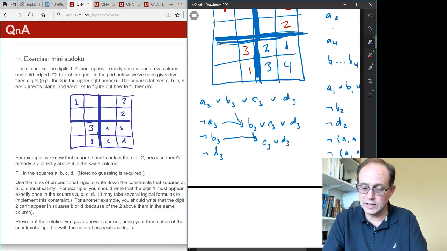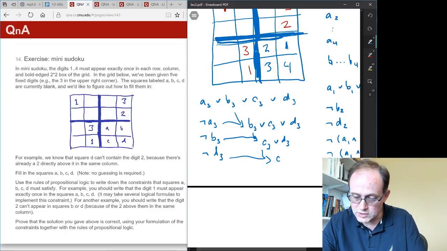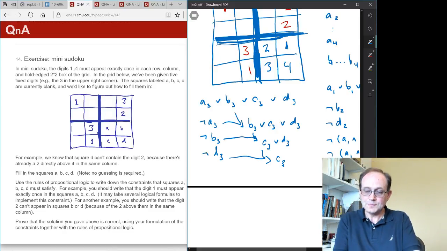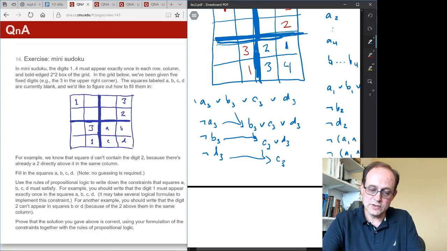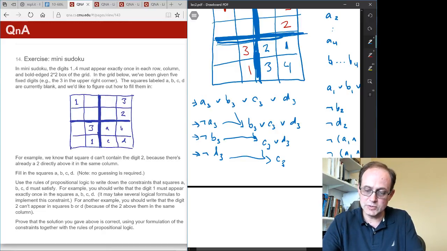And then finally, from this one and that one, we resolve the D3 with the not D3 and we get just C3. Oops, that's messier even than my usual handwriting. C3, right? And so now from these assumptions, here's an assumption, here's an assumption, here's an assumption, here's an assumption, we get this conclusion.